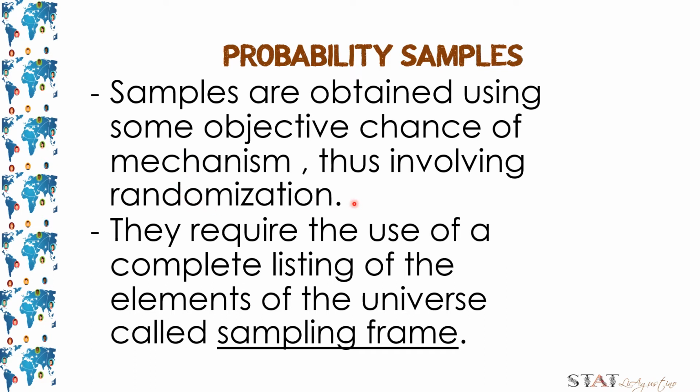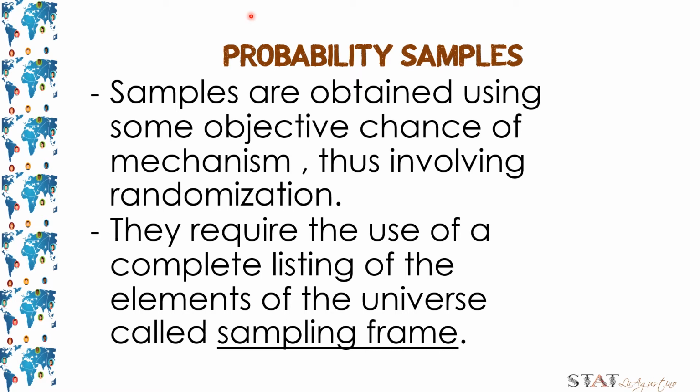This is the indicator that you have probability samples: randomization. Take note of this. They require the use of a complete listing of the elements of the universe called the sampling frame. So of course you have the complete list of your population. This is probability sampling.